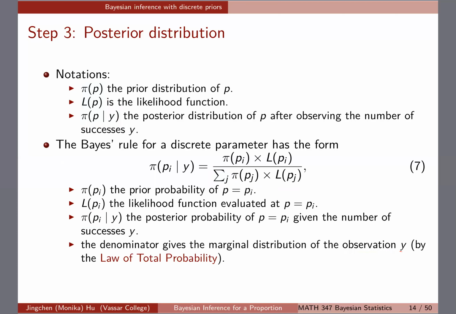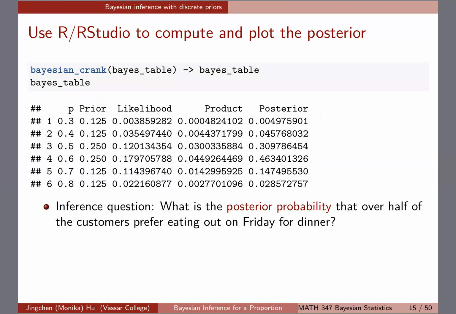All right, so how can we get there? First of all, just to show you how to use RStudio to compute it. If you don't use R, the rest, like computing the product and the posterior, will just be like using a calculator, doing it step by step based on Bayes rule. A lot of times you can use R and RStudio to get that more quickly. Remember earlier we have these three columns: the column of the value for P, the column of the prior distribution, and then the likelihood using the dbinom function from R. The product column is really just the product of these two columns.